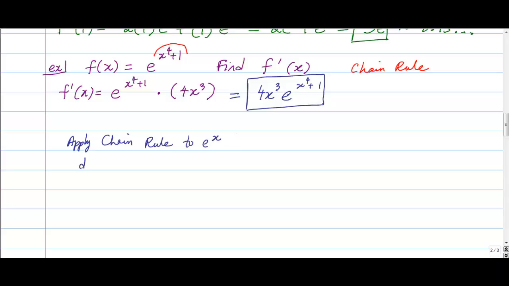So the derivative of e to the function is e to that function times the derivative of the inside, the derivative of that function, okay? Which could also be written as f prime x e to the f of x. Okay.